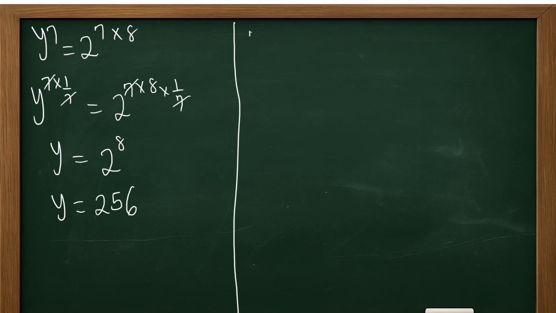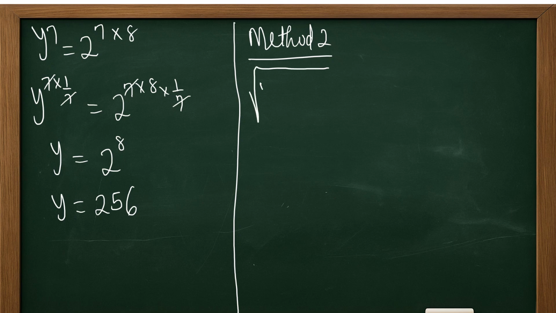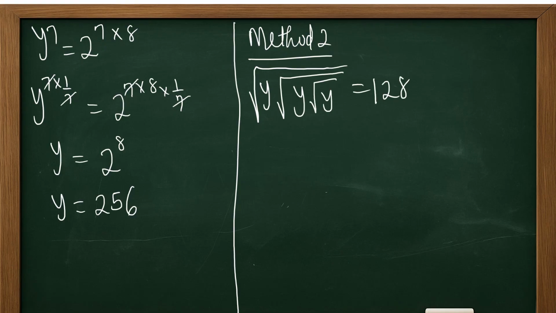Let's have a look at method 2. For method 2, writing the given equation, we have the square root of y, the square root of y, and the square root of y to be equal to 128. In simplifying this, we can write this as the square root of y, which is the first expression here.